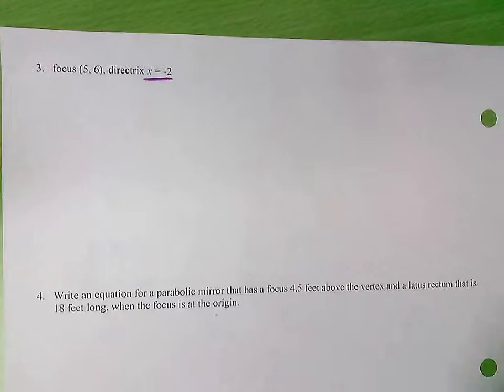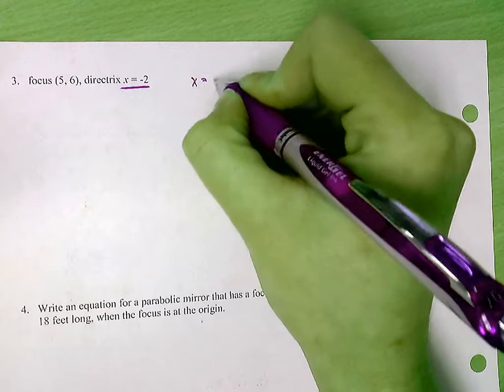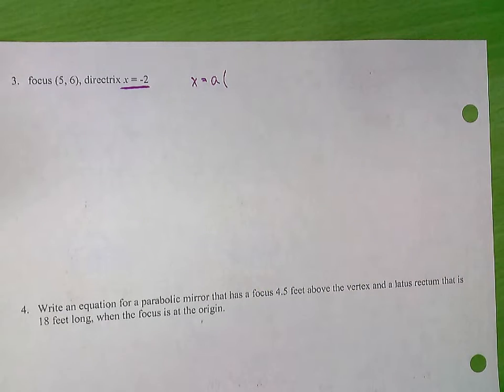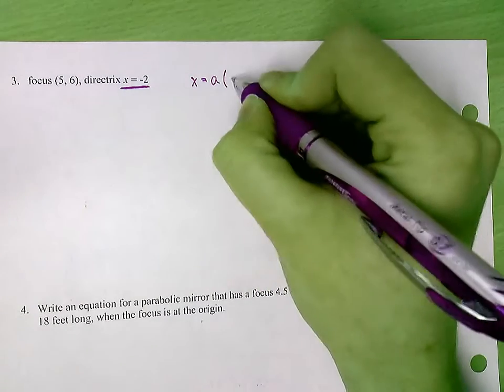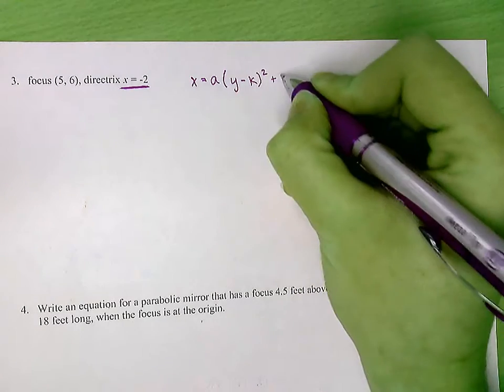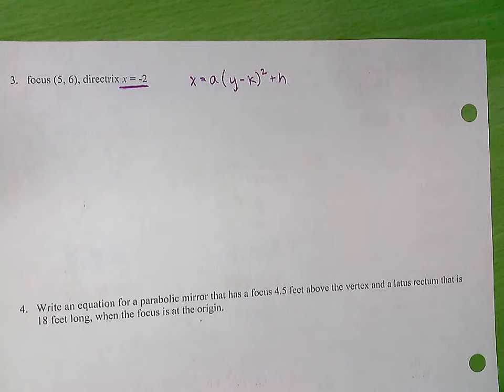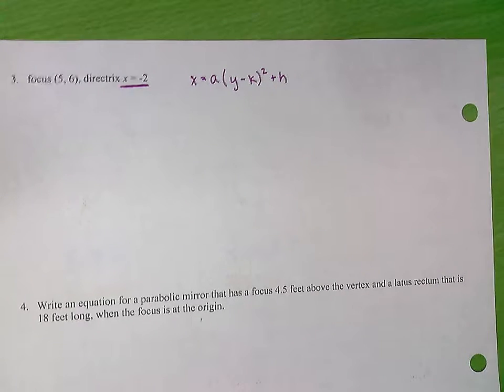Okay, so my form here will be x equals a times y minus k squared plus h. Okay, so that's the form I'm going to use this time. So since I'm using this form, I want to look back at my focus in that form.